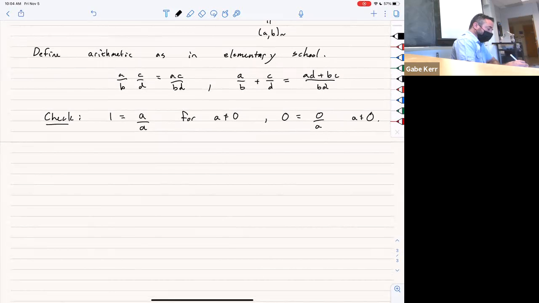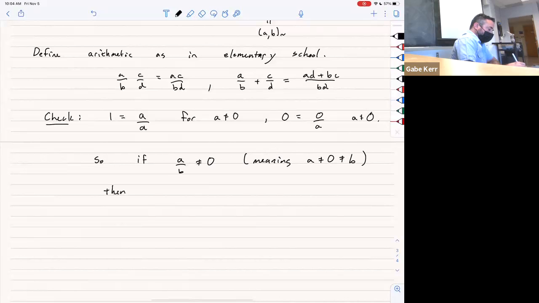But this first one tells us if A over B is not equal to 0, which means A is not 0, B is not 0, then, it's not going to be a shocker to any of you, but okay.